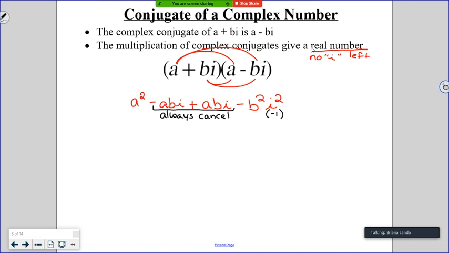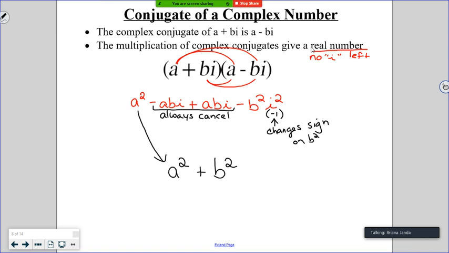So it'll always end up changing the sign. Okay? Which, when we do this then, I'll have that a squared here. This changes my sign and becomes a plus b squared. Notice no i's left, right? Because that i squared became a -1, changed the sign.